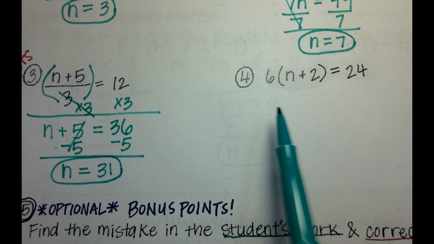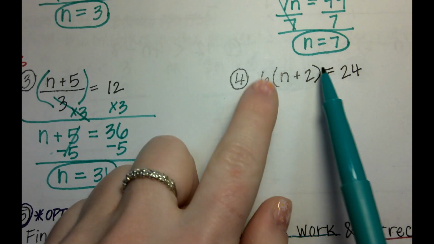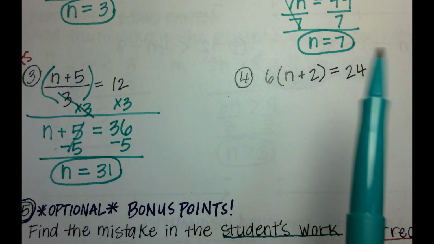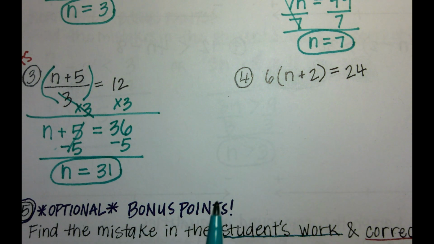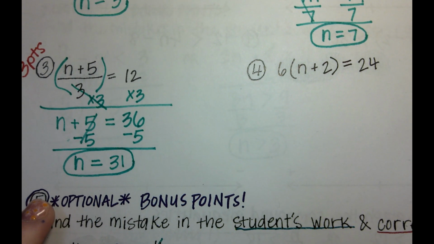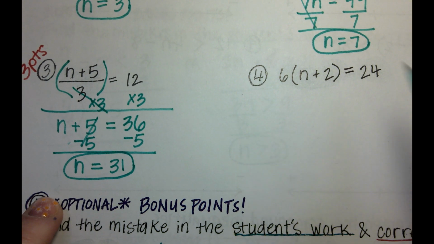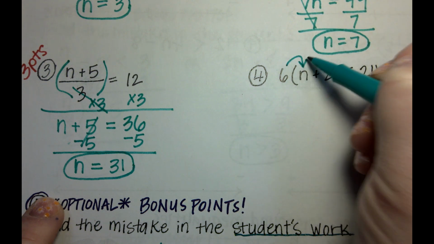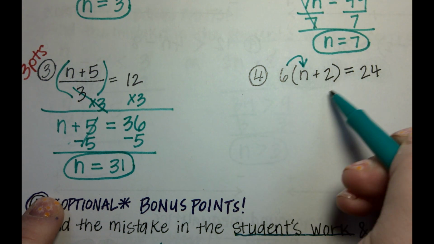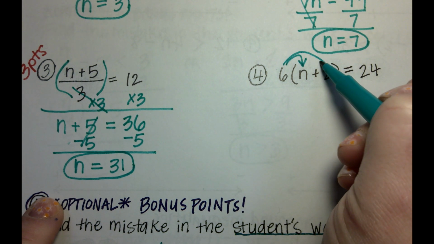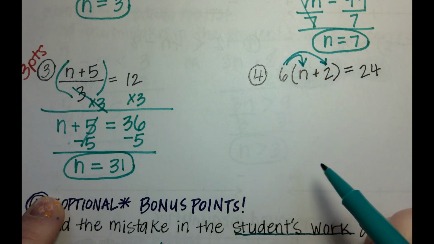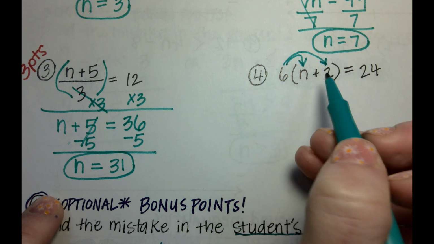So for number 4, I have 6 times the quantity of n plus 2 is equal to 24. There are 2 different ways that we could start this problem. What's one of the ways we could do this? Yeah, do the distribute. Remember, if you see a number outside of something in parentheses, what operation is happening here? Multiplication. We're multiplying.